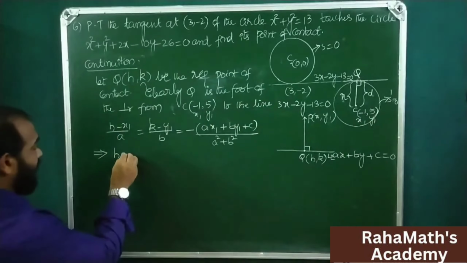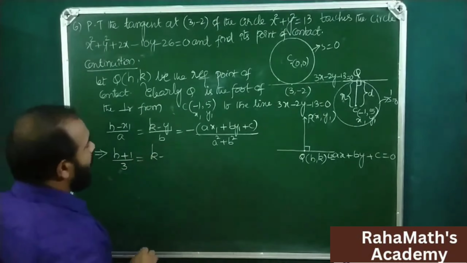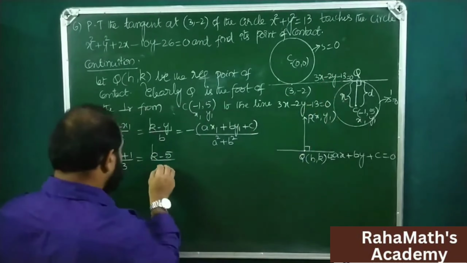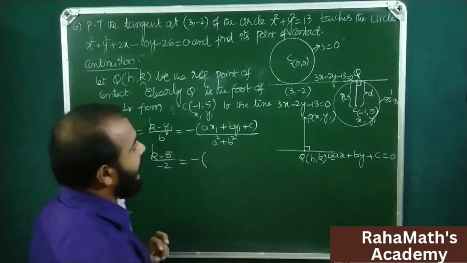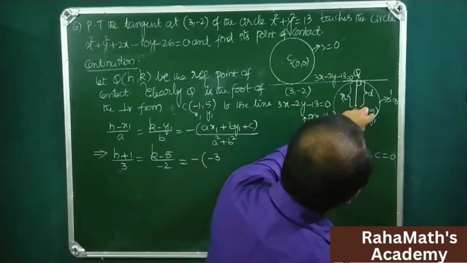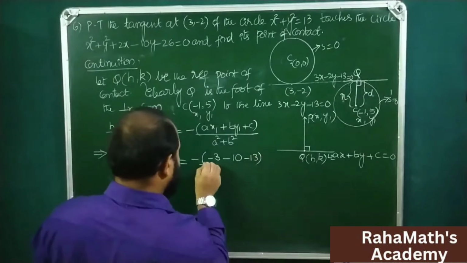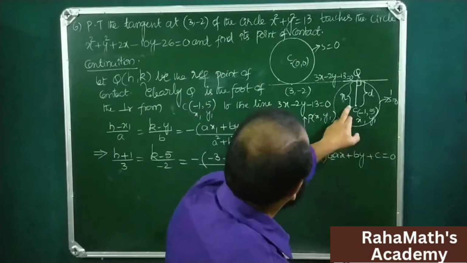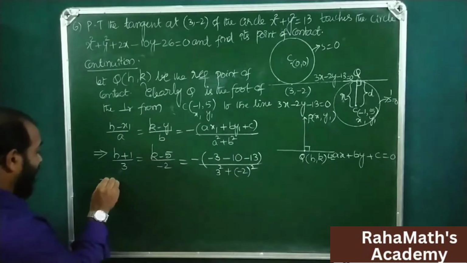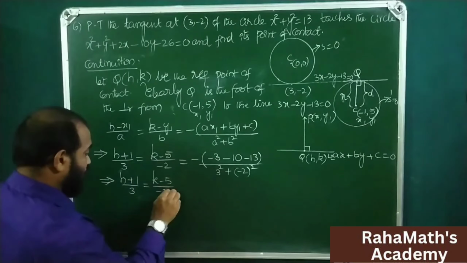So (h minus of minus 1), that is (h + 1), by the x coefficient 3, is equal to (k - 5) by the coefficient of y, which is -2, is equal to minus of (3 into -1 minus 3, minus 2 into 5 minus 10, minus 13) by (3 squared plus (-2) squared).